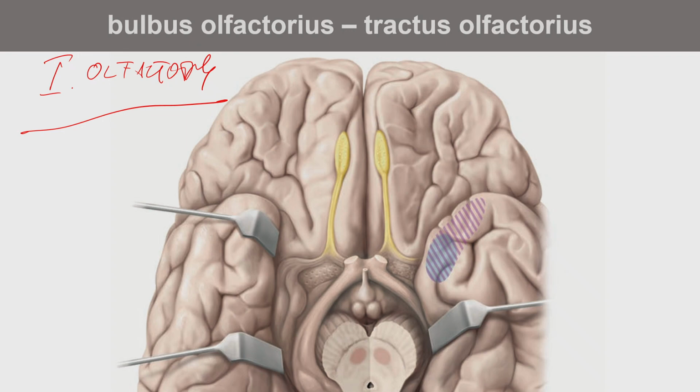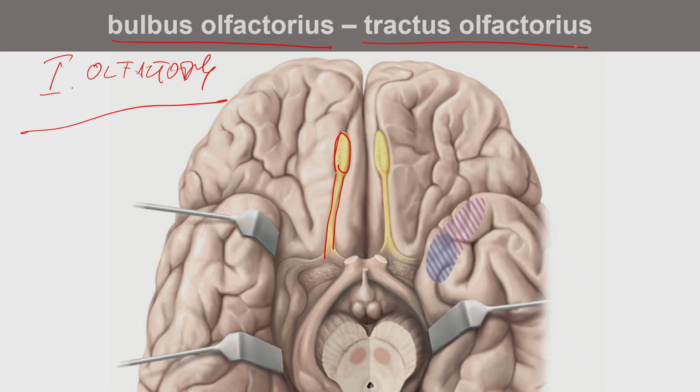It is providing information about chemical substances which are dissolved in the air, and here we can see the structures localized in the intracranial part. This is the bulb, bulbus olfactorius, and the tract, tractus olfactorius.